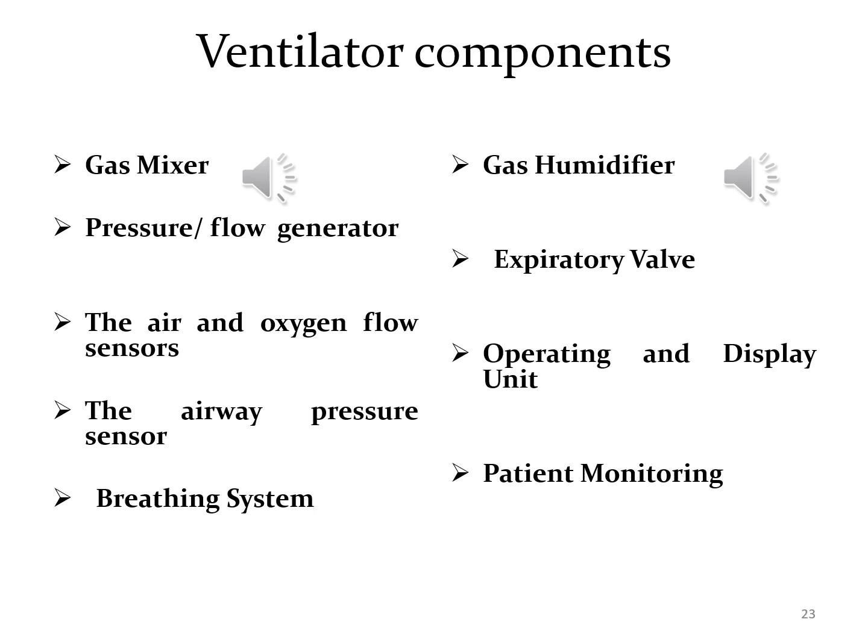The air and oxygen flow sensors generate signals to help the microprocessor control the valves to deliver the desired inspiratory air and oxygen flows. The airway pressure sensor generates the feedback signal necessary for maintaining the desired positive end-expiratory pressure, or PEEP.